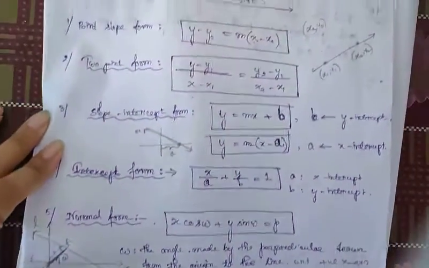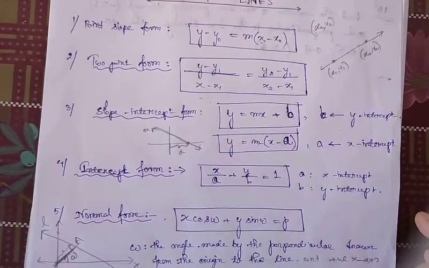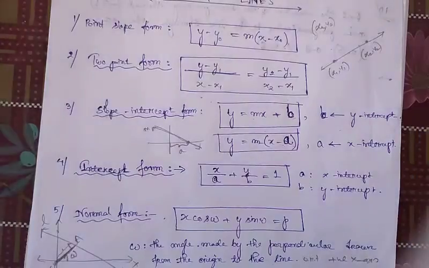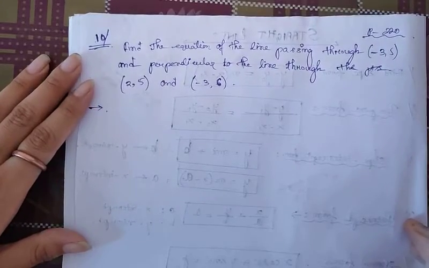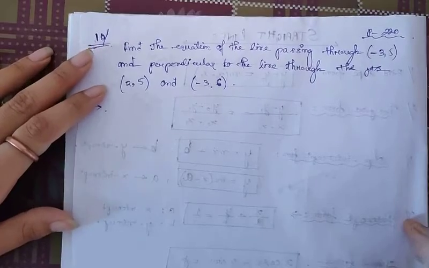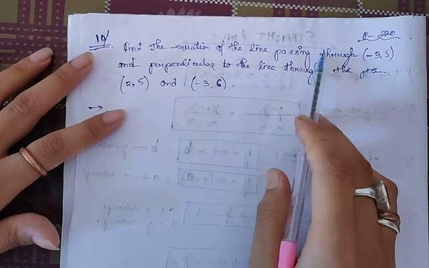Now using these forms of equations, we will solve the questions of our exercise 10.2. Say we take question number 10. We have to find the equation of the line passing through the point minus 3, 5.